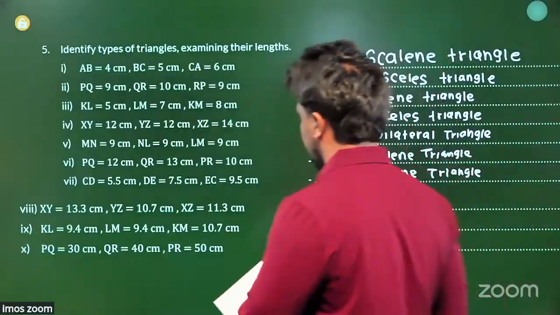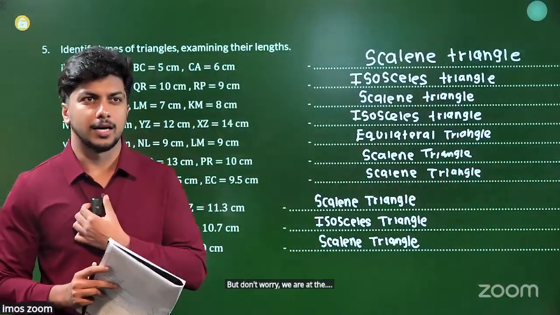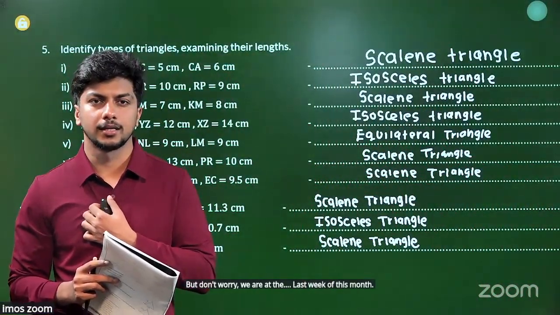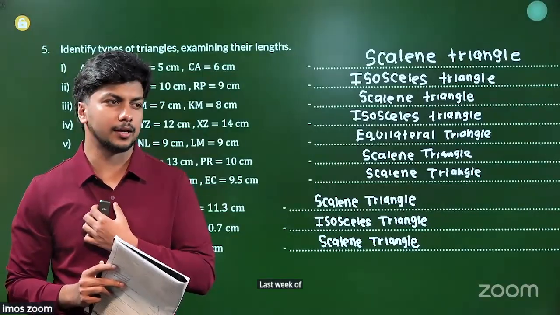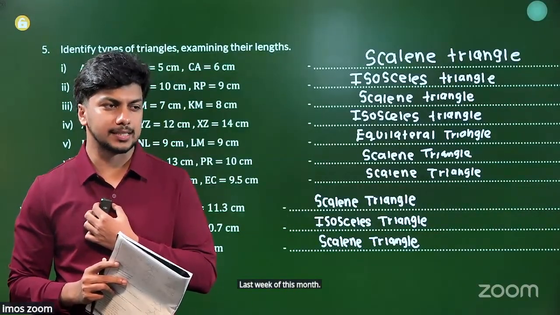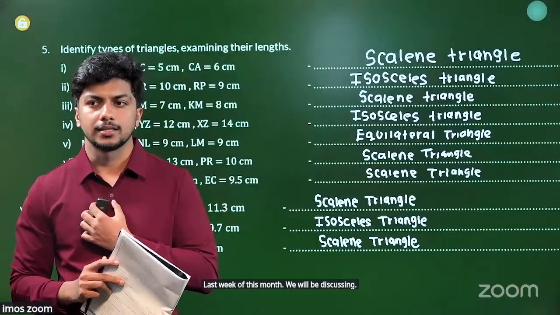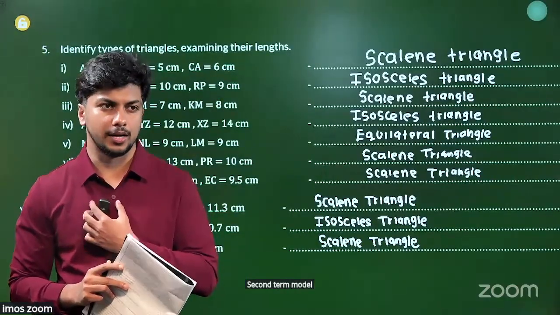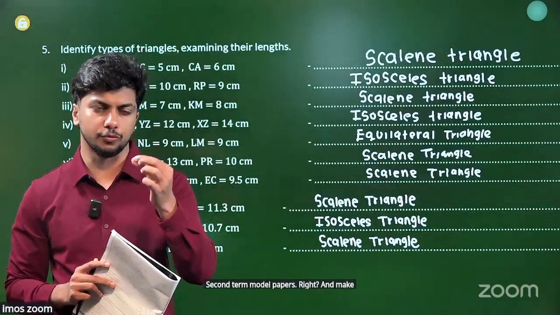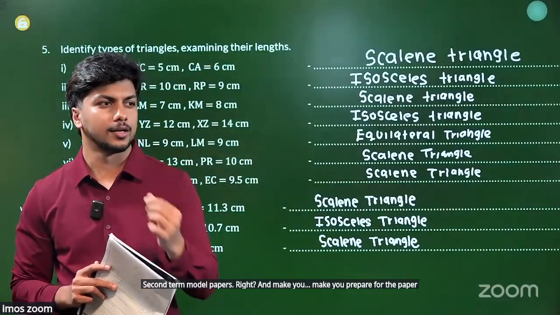Don't worry. In the last week of this month, we will be discussing second term model papers, right? And make you prepare for the paper, and we shall discuss it.